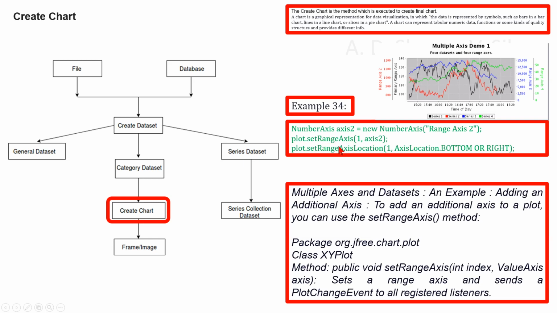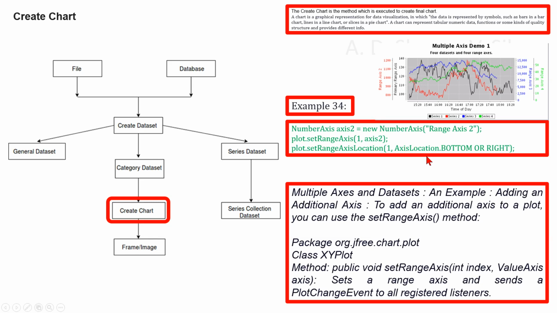The setRangeAxisLocation method allows you to specify where the axis will appear on the chart using the AxisLocation class. You can have the axis on the same side as the primary axis, or on the opposite side. The choice is yours.